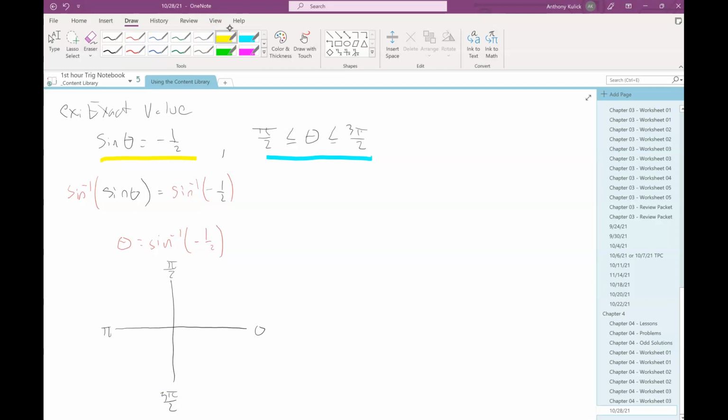Okay. So looking at that range of values for theta from pi over 2 to 3 pi over 2, we're talking about those two quadrants, right?